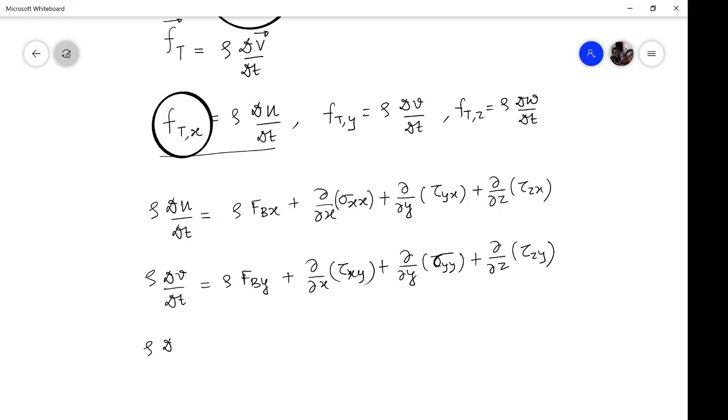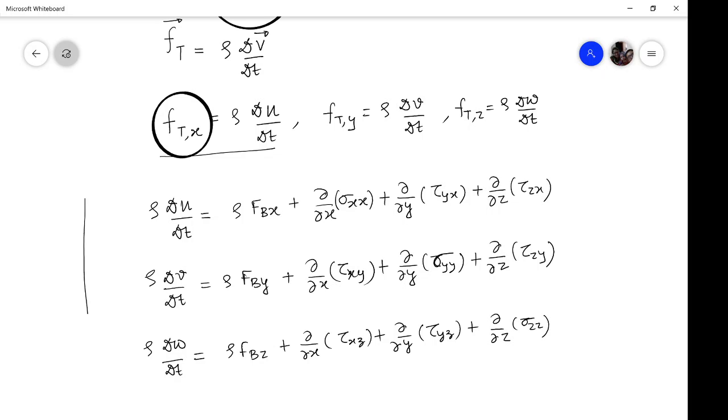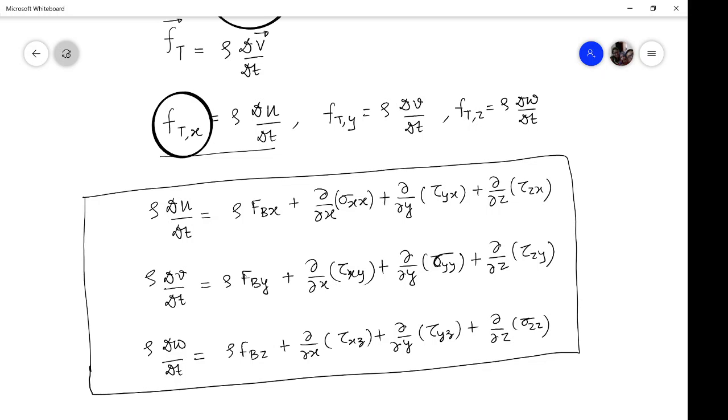Likewise in the z direction will be rho fbz, del by del x tau xz, del by del y tau yz and del by del z sigma zz. So this becomes the force equation in the x, y and z direction.